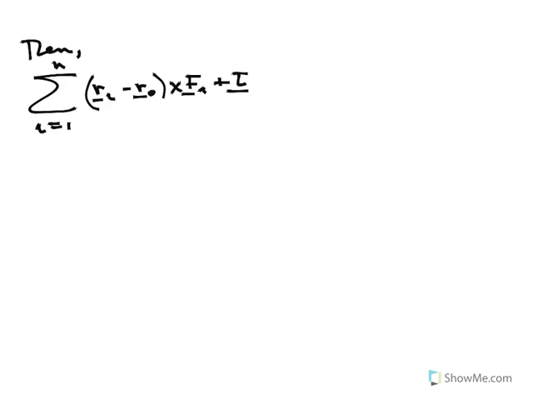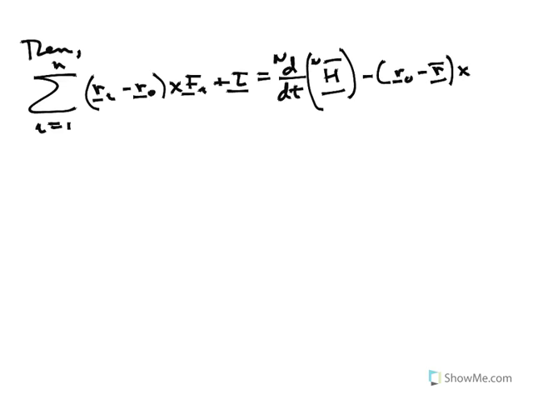So then the sum from i equals 1 to n of Ri minus Ro crossed with Fi plus tau is equal to the rate of change in n of h bar in n, and then you get minus Ro minus R bar crossed with the sum from i equals 1 to n of Fi. So now let's rearrange this.